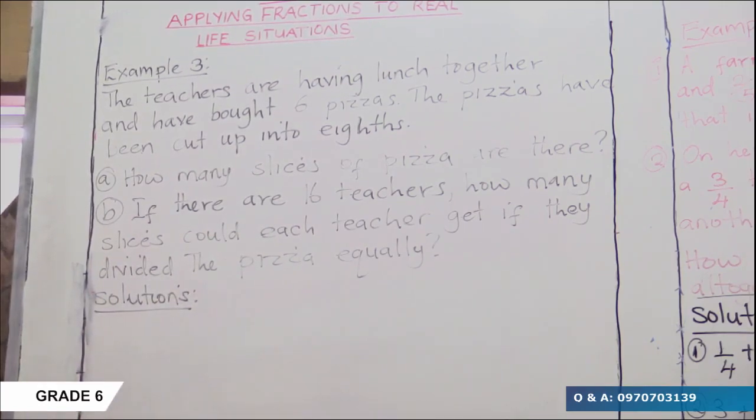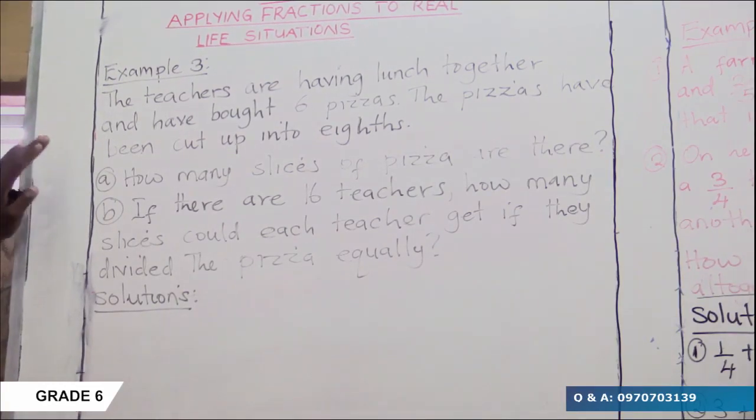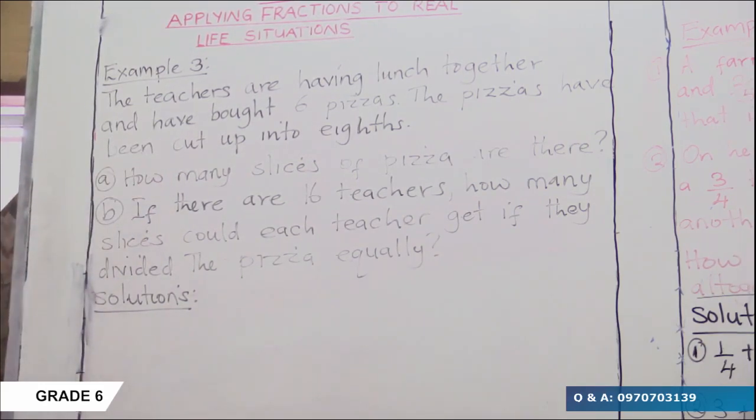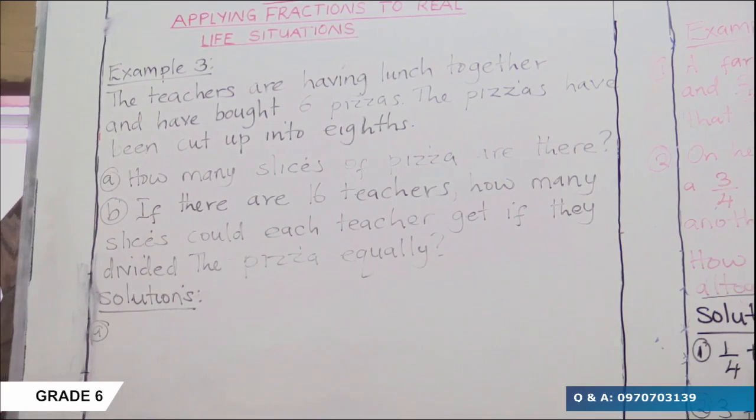So the question says the teachers are having lunch together and have bought 6 pizzas. The pizzas have been cut up into 8. How many slices of pizza are there? So what are we going to do for our question A, boys and girls?